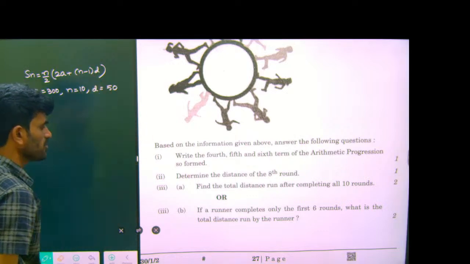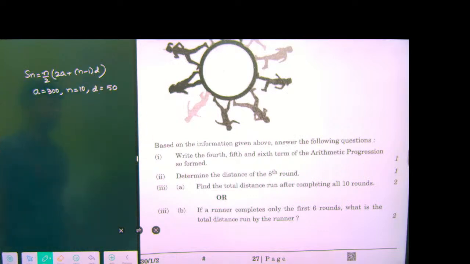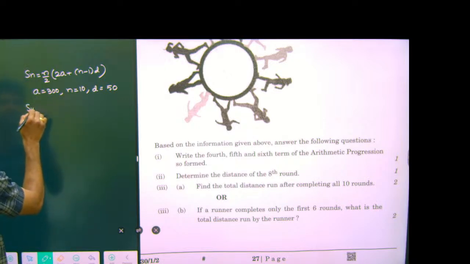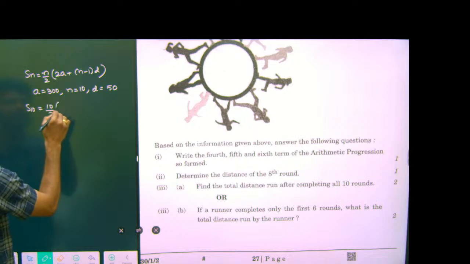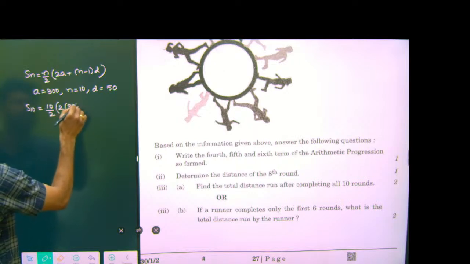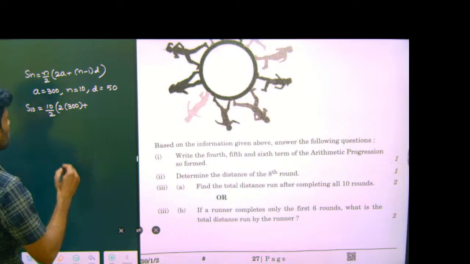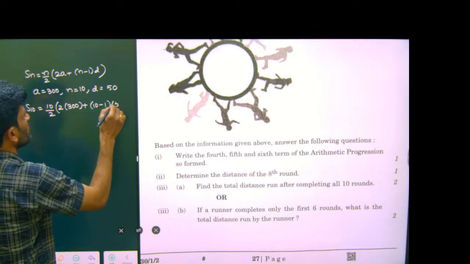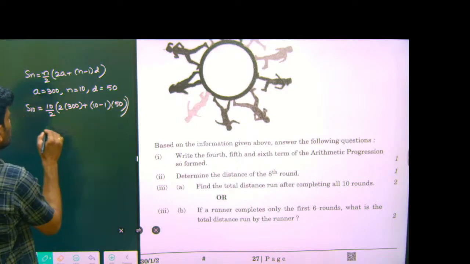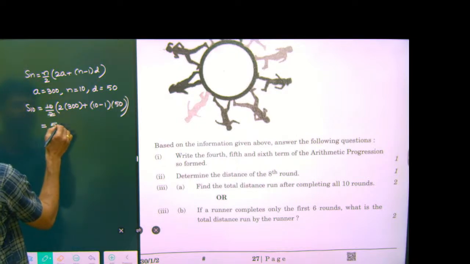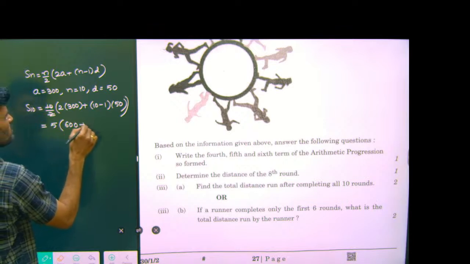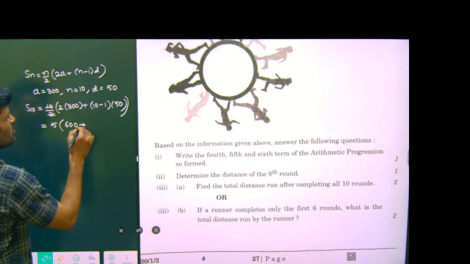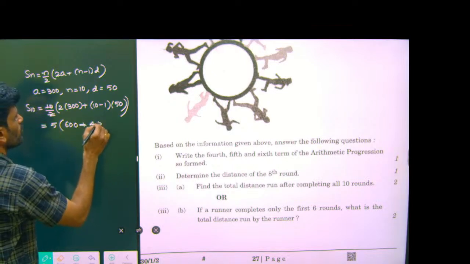Substitute all these. All these questions are direct questions only. You do not have any difficulty in this. So S10 is equal to 10 by 2 into 2 into 300 plus 10 minus 1 into 50. Here you can cancel: 5 into 600 plus 9 into 50. 9 into 50 is 450.